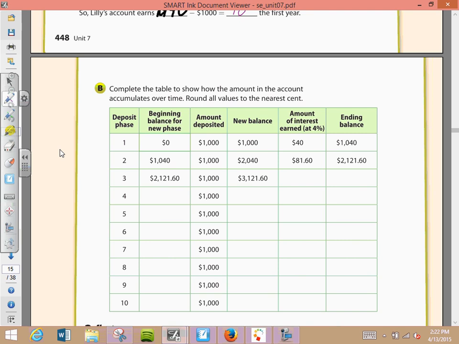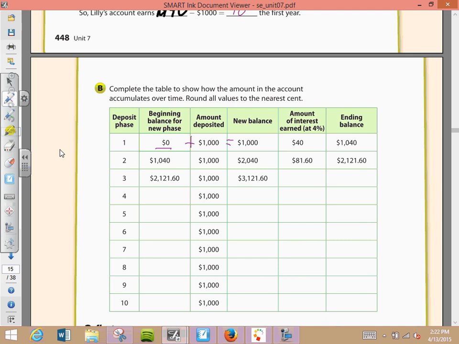Notice what happens, though. I told you that for this one, it's not as easy. You have to use what you earned that year to move on to the next thing and then keep calculating. It's like you have to do it every single time. That's just lame. So you started with nothing. You deposited 1,000. You have 1,000. You put it into the equation and subtract 1,000.